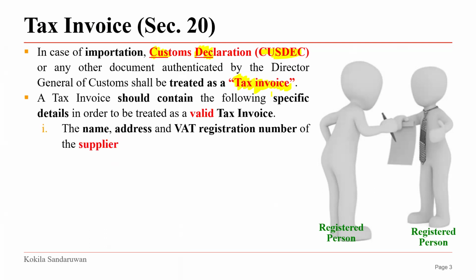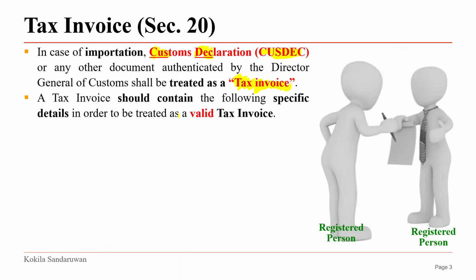Then what are the criteria important in order to have a valid tax invoice? Very important, right? Other than the CUSDEC, which is exceptional, they have a specific format issued under the customs regulations.